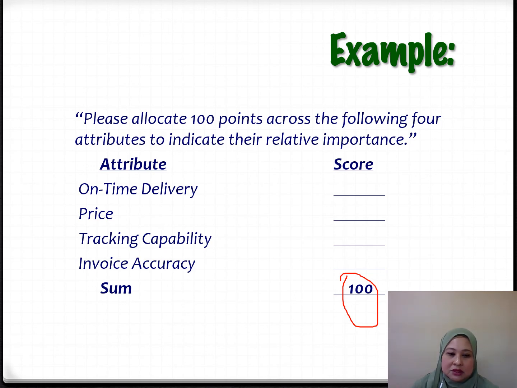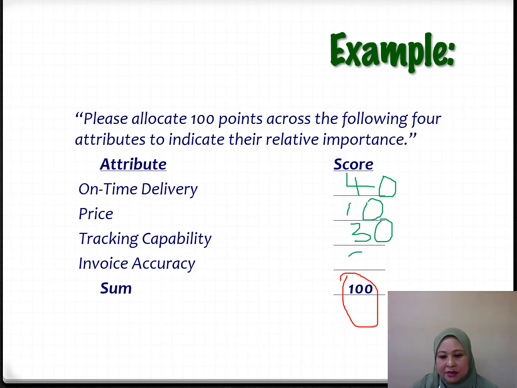Maybe we say that on time delivery is important. Price, okay. Tracking, also important. So 50, 80.